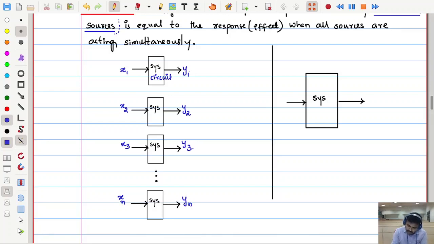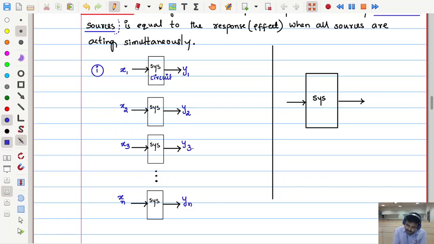Now, what are these Y1, Y2, Y3 and so on up to Yn? Observe carefully. When only X1 is applied to this system, that X1 input produces an output of Y1. Like that, we check each input and its corresponding output.